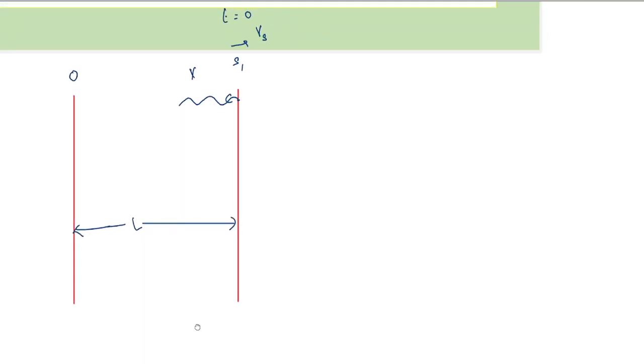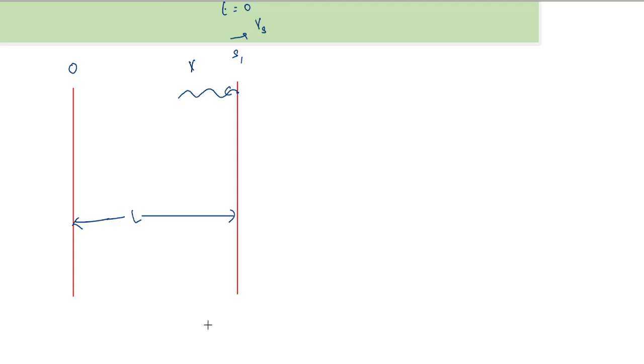Now this crest would reach the observer at a time let us call t1. This time t1 is the time taken for the crest to reach from point S1 to O. This time is given by distance by speed, that will be L by v.